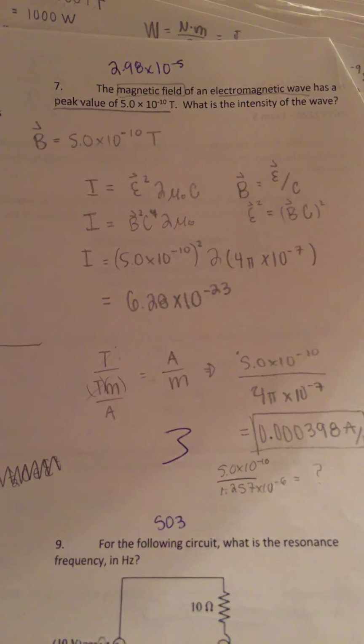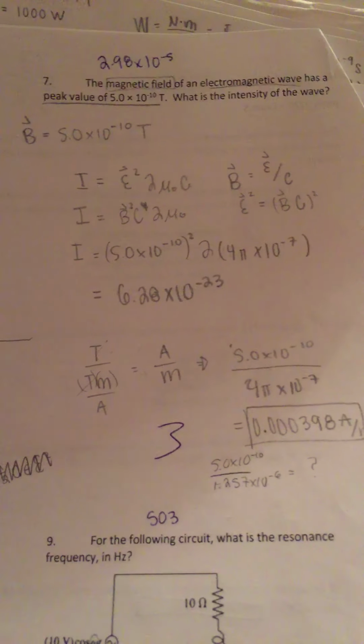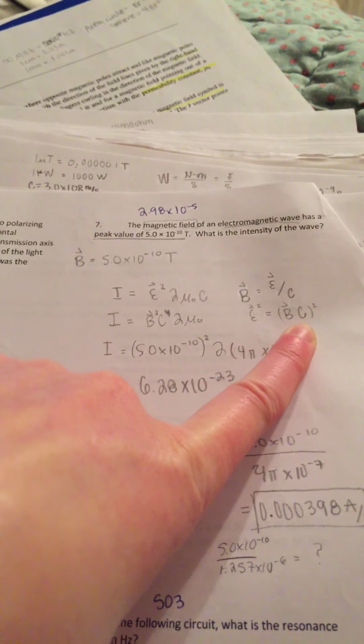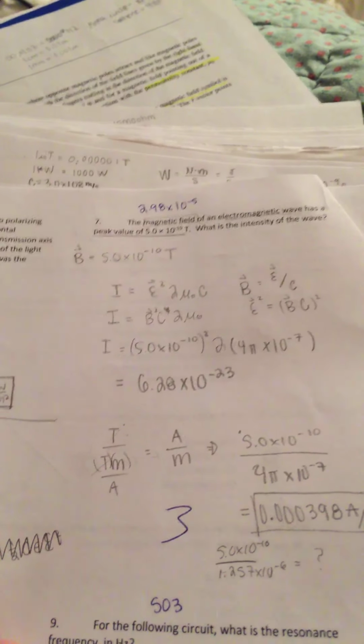So basically we're trying to find the intensity of a wave. I'm not sure what I was doing right here, because we don't know what E is or c, so that wouldn't work.